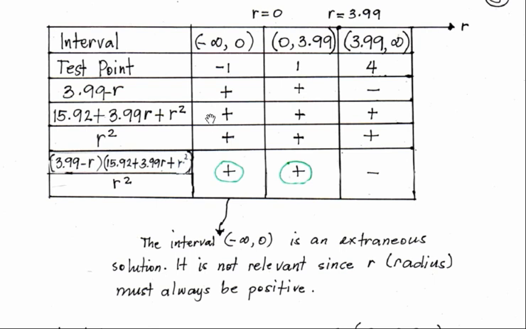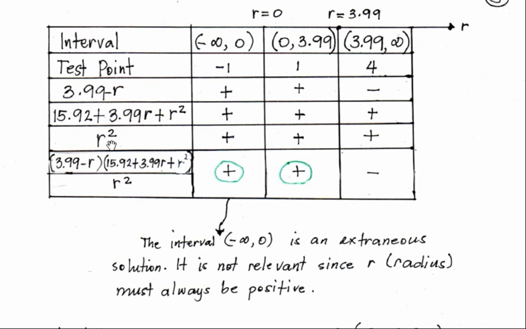Moving on, substitute here r equals negative 1. Here is 3.99 times negative 1. This becomes negative. So we have 15.92 minus 3.99. That is also still positive, plus negative 1, square that, it's positive. So it's a positive sign.